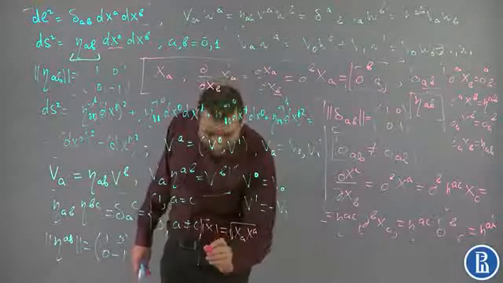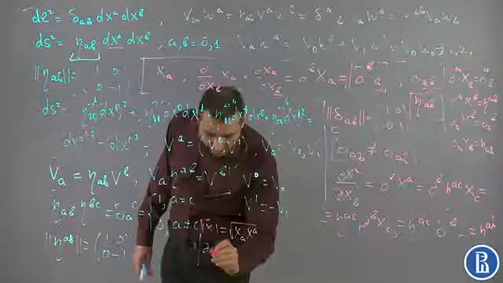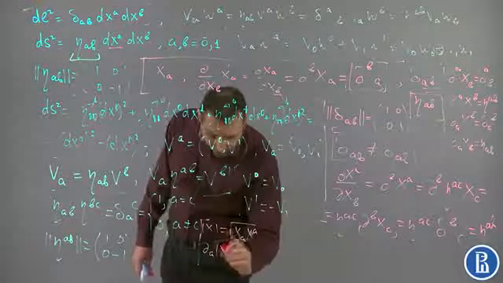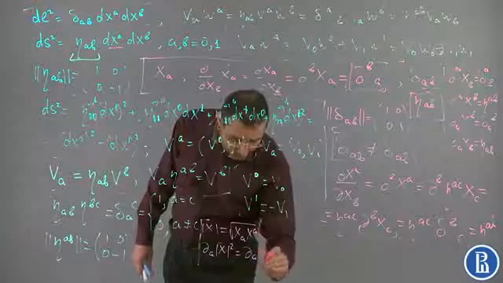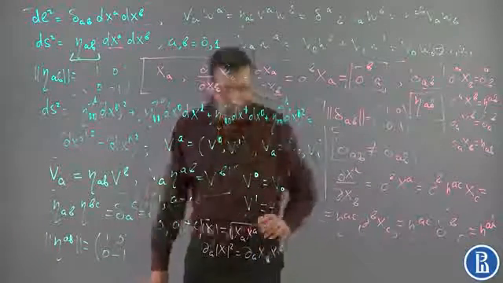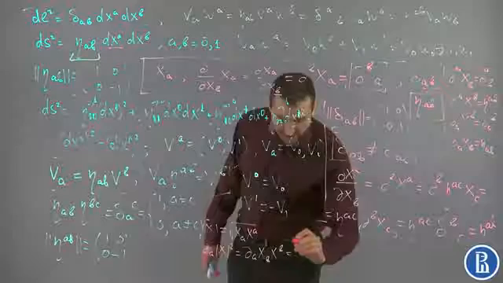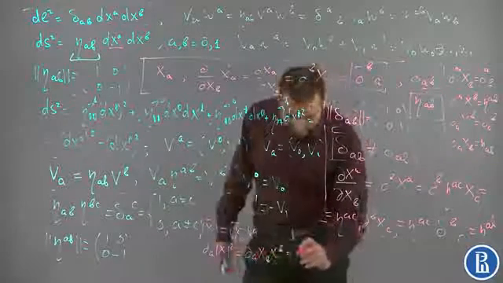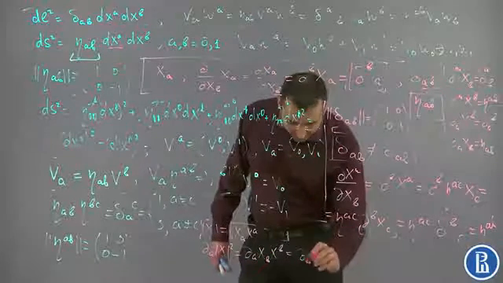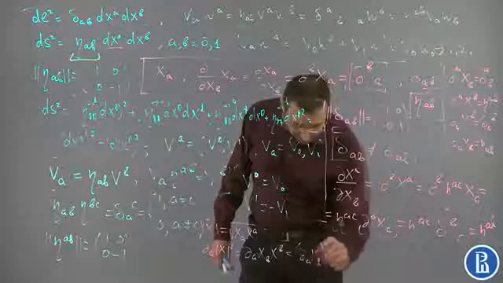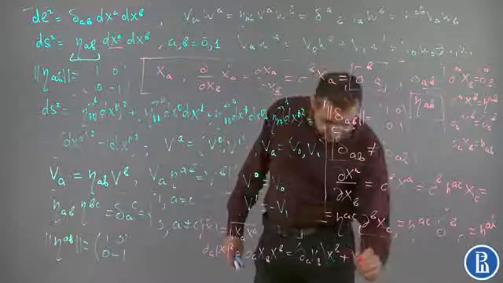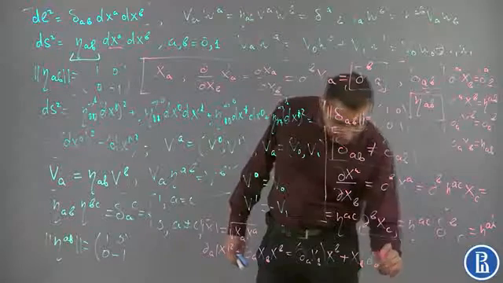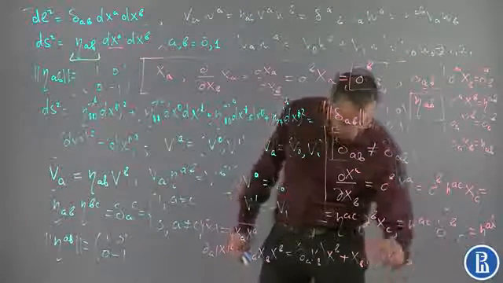Let us differentiate dA of modulus x squared, which is the same as dA xb xb. Well, by the Leibniz rule, this is just dA xb times xb plus xb dA xb.